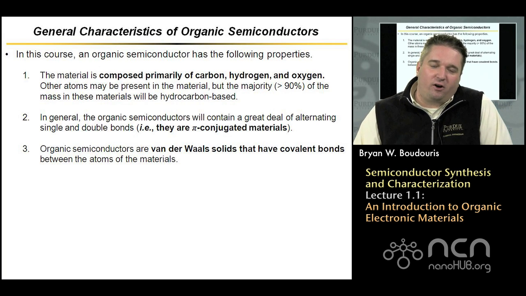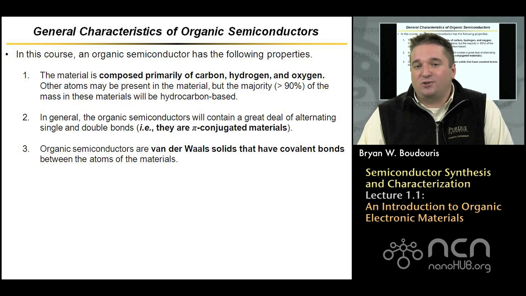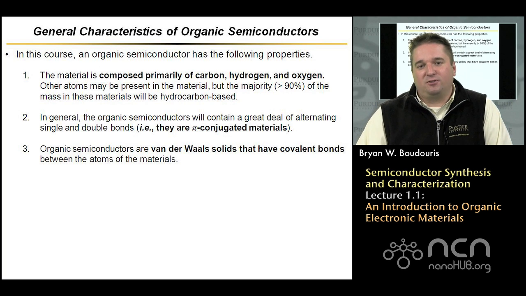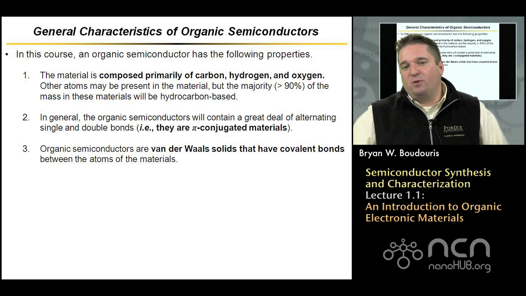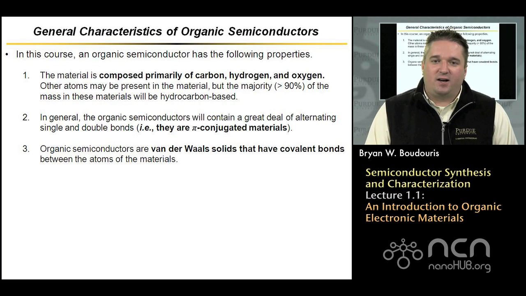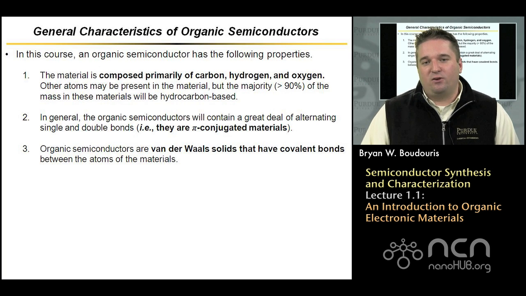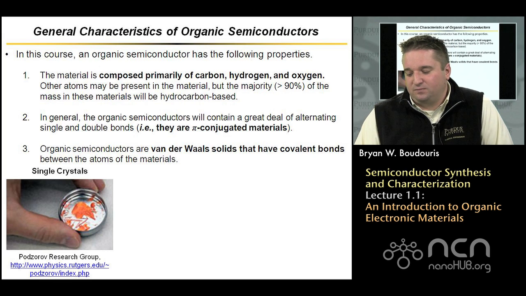In general, our organic semiconductors will have a lot of pi conjugated bonds. And I'll show you in just a second what that means. But if you recall from an organic chemistry class, that just means that we have single and double alternating carbon-carbon bonds. Okay? And the last thing we'll think about when we talk about organic semiconductors in this class is the idea that they're van der Waals solids. Okay? So they're bound together with covalent bonds as opposed to metallic or ionic bonds. Okay?